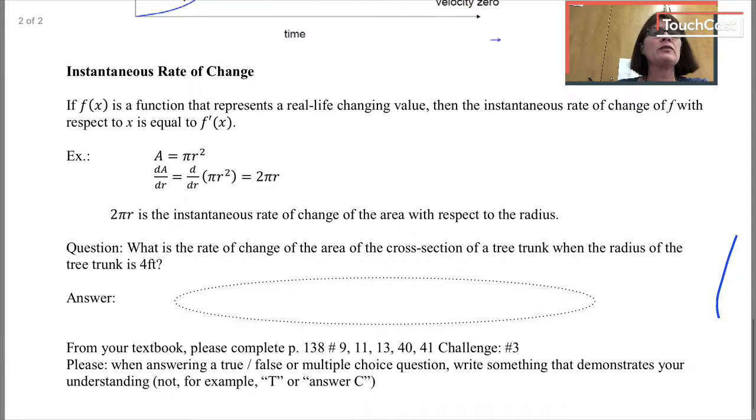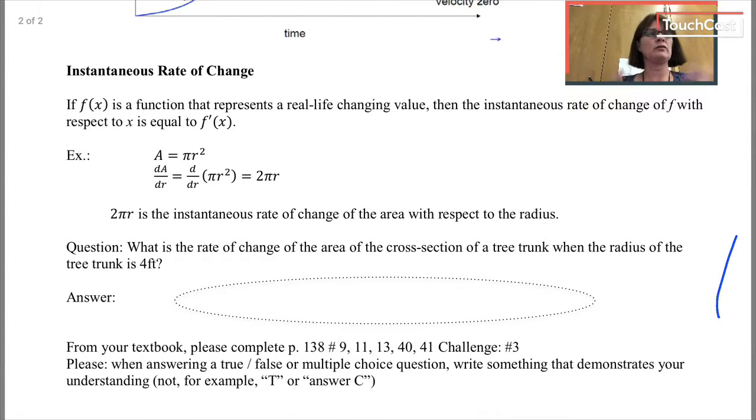If I have the area of a circle, how the area of a circle changes depends on the radius. So I can take the derivative of this area function with respect to the radius. So I imagine that the radius is the input variable. It's actually the only variable here, right? The 2 can come to the front, and I get the derivative of the area with respect to the radius is 2 times pi times the radius.